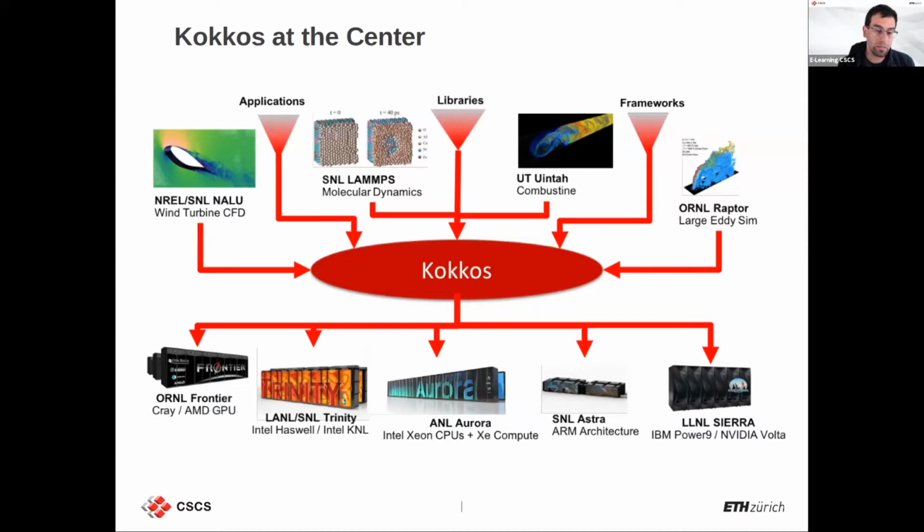They base their code on Kokkos. And Kokkos inside takes care of the complexity of running your simulation on multiple architectures. So it has backends for Intel GPU, for AMD GPU, for CUDA, has a backend for ARM, and a special optimization also for Xeon CPU.